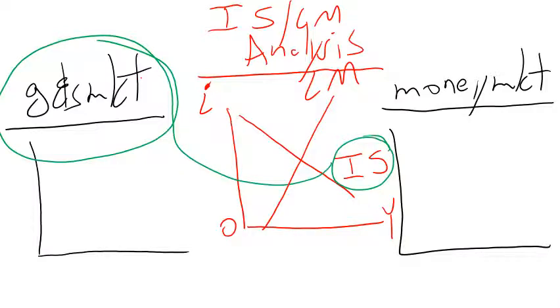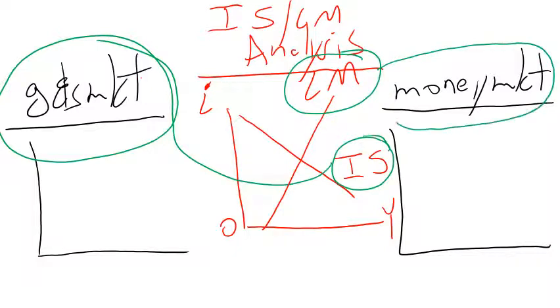And what is the LM curve? The LM curve is a summary of the money market. All right, just for your information, IS, well, what do they stand for? I, capital I, stands for investments.